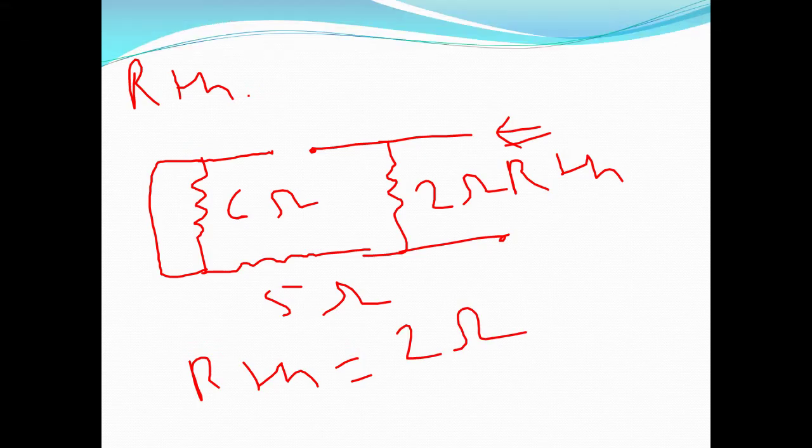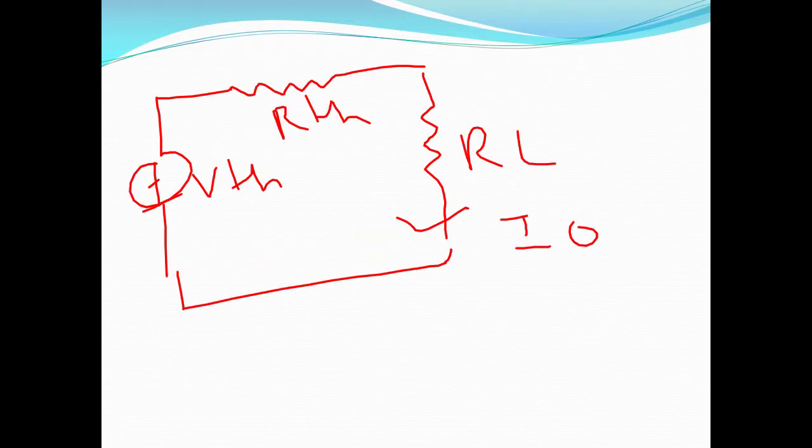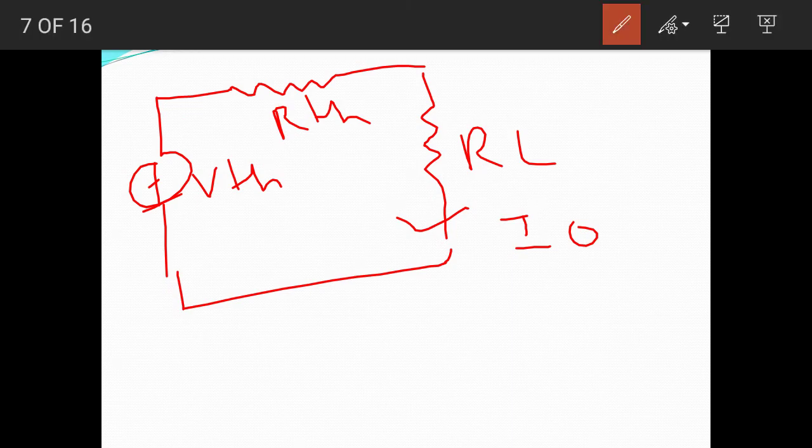So in the next step we draw an equivalent circuit with VTH, RTH and RL. VTH is -2 volt and RTH is 2 ohm, and RL is 3 ohm.